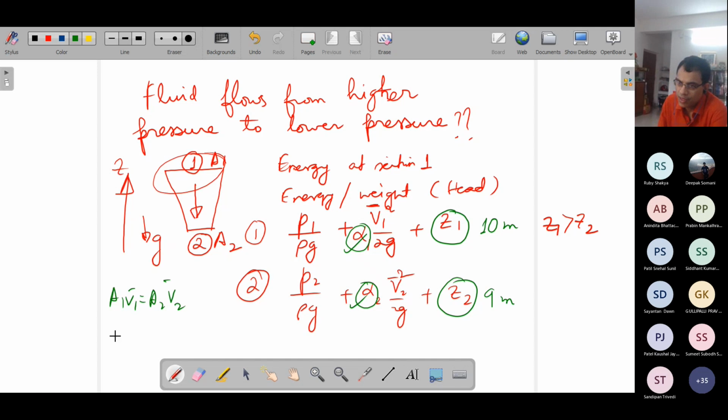So because A2 is less than A1, you have V2 average greater than V1 average, just to ensure continuity. So this term, the second term, is more than the first term.